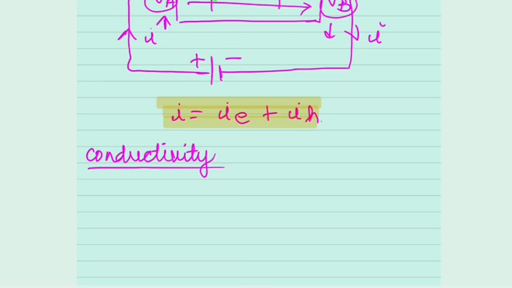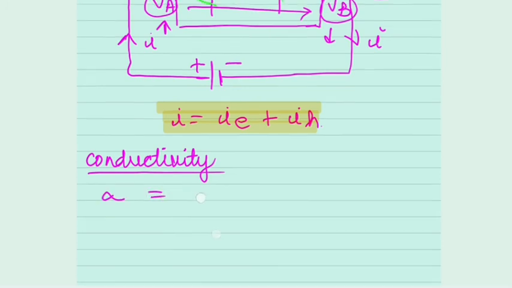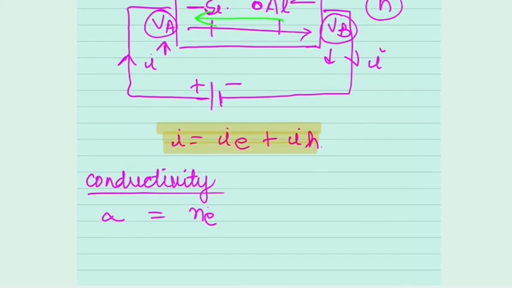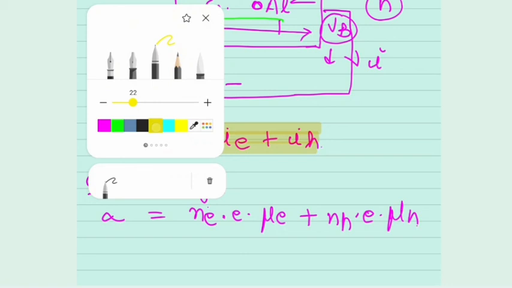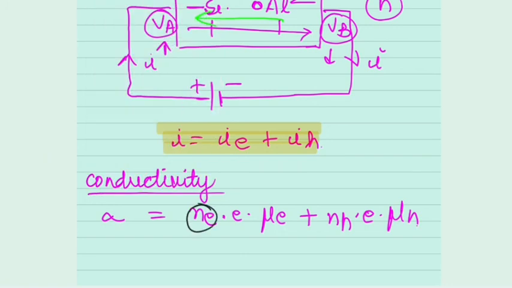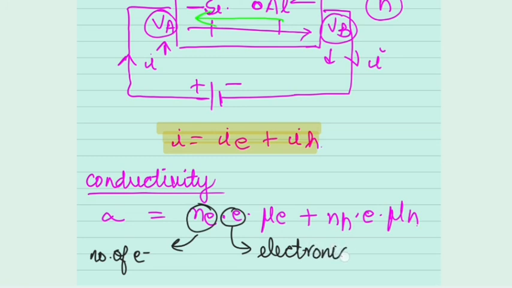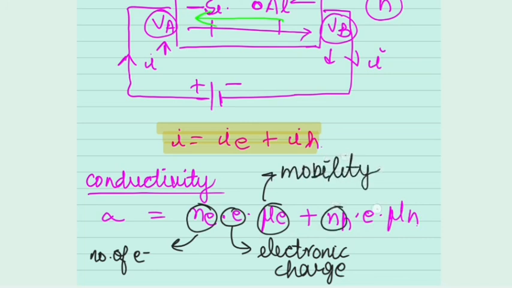The conductivity is given by sigma, and it is Ne multiplied by charge E, multiplied by mu E, plus NH multiplied by charge E multiplied by mu H. Now let us understand what all these terms are. Here Ne is the number of electrons, E is the electronic charge, and mu E is the mobility of the electrons. Similarly over here are NH, E and mu H.